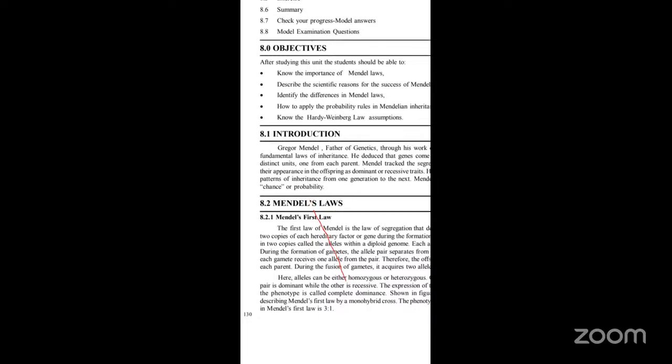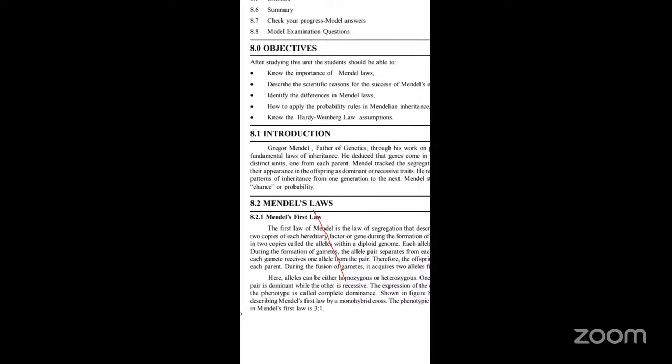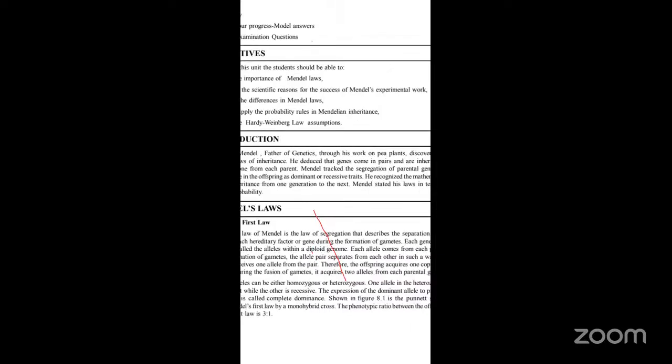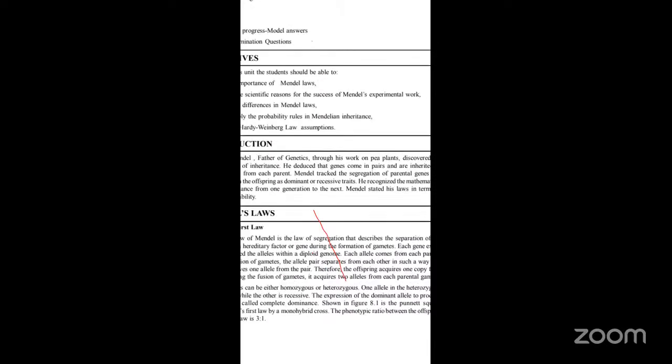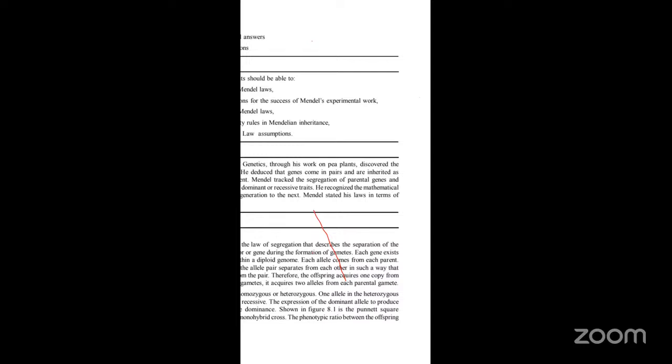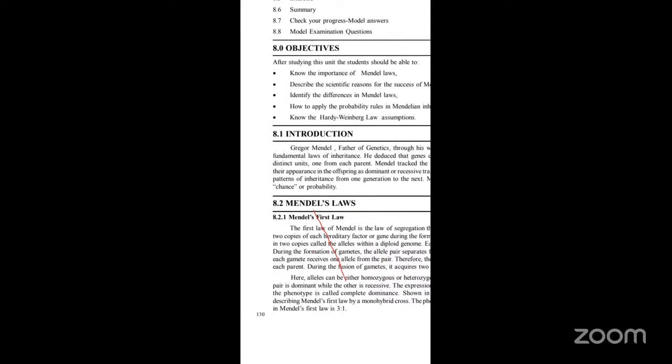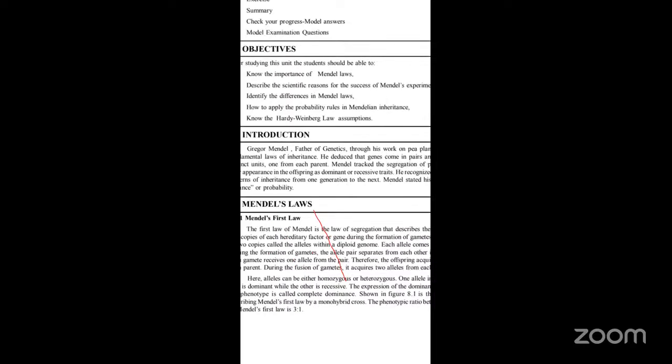In the introduction, he deduced that genes come in pairs and are inherited as distinct units, one from each parent. The model tracked the segregation of parental genes and their appearance in the offspring as dominant or recessive traits.